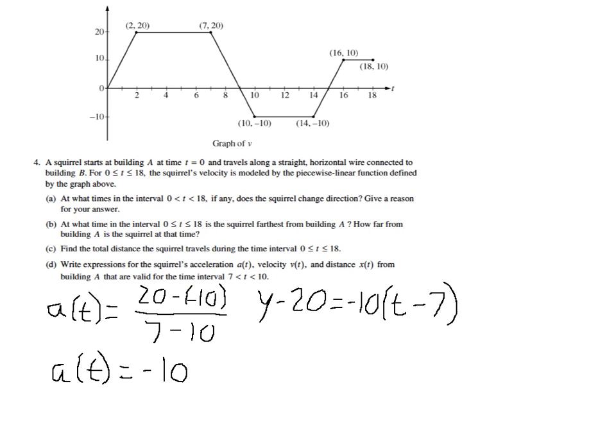And typically you could leave your equation like this, but they do want it to look like v of t, so I'm going to get y by itself and then turn it into a v. When I get y by itself, y equals negative 10t, distribute there, and that would be plus 90.